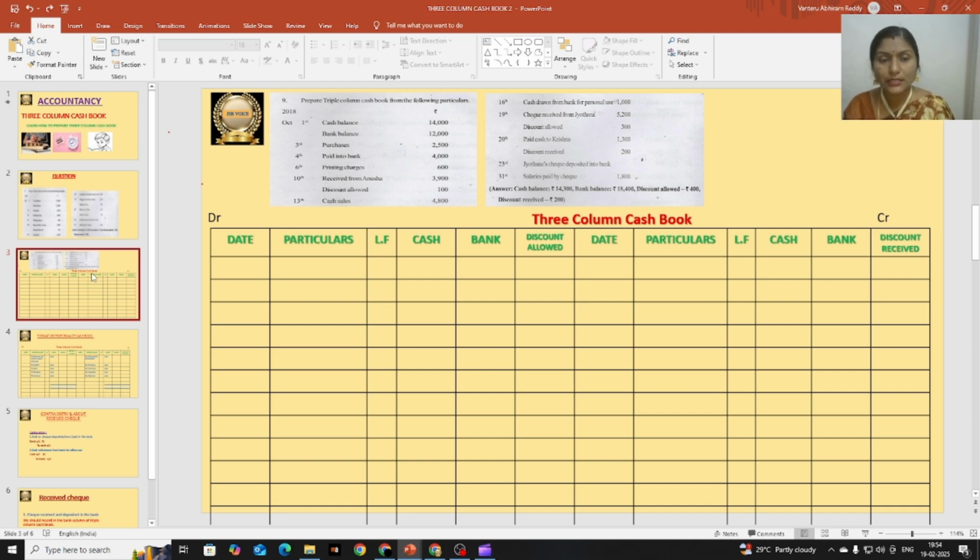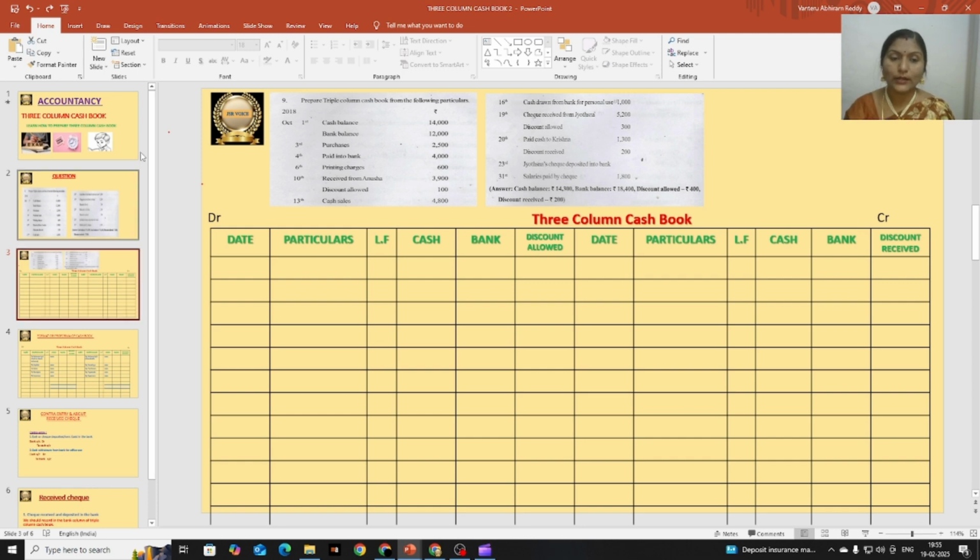Under that I have drawn columns for the 3-column cash book. In accountancy, if you want to prepare anything, there is a format for everything. Here the 3-column cash book format is this one. You can see in the video. So this is the format.